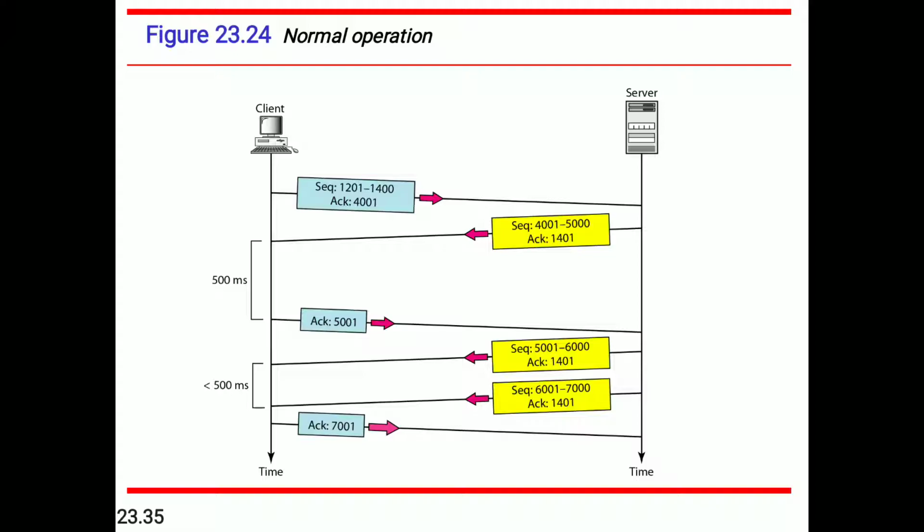Error control includes mechanisms for detecting corrupted segments, lost segments, out of order segments, and duplicated segments. Error control also includes a mechanism for correcting errors after they are detected. Error detection and correction in TCP is achieved through the use of three simple tools: checksum, acknowledgement, and timeout.